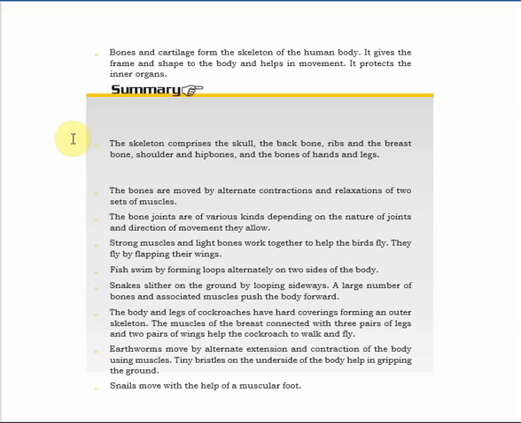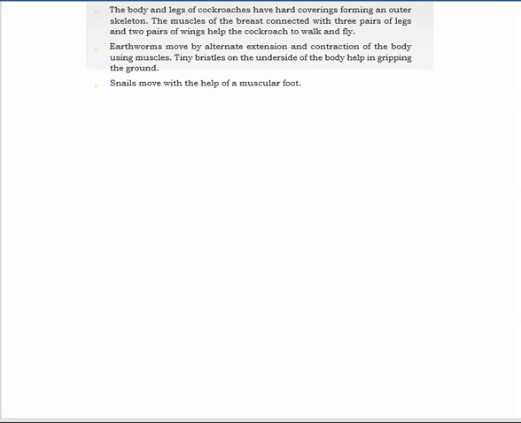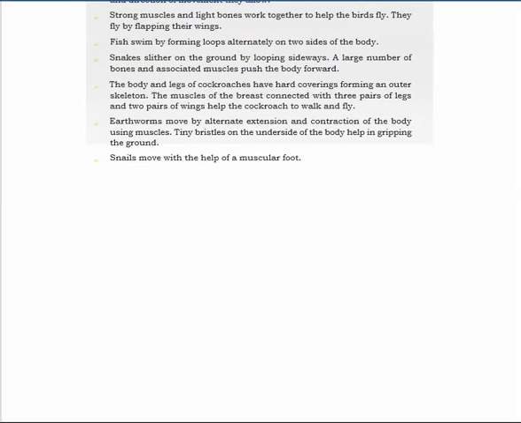So this is about earthworms. Then about snails. Snails move with the help of a muscular foot. It has an outer shell, which is called the outer skeleton, and the foot and head portion are inside that shell, and when it is moving, that foot comes out.